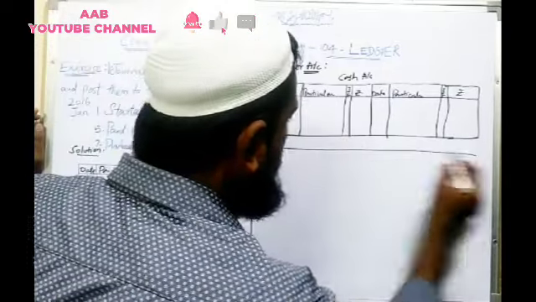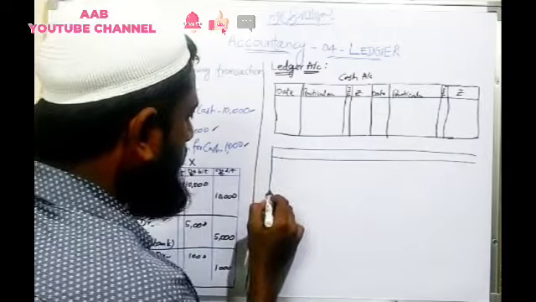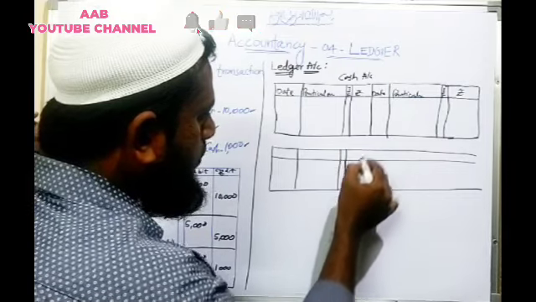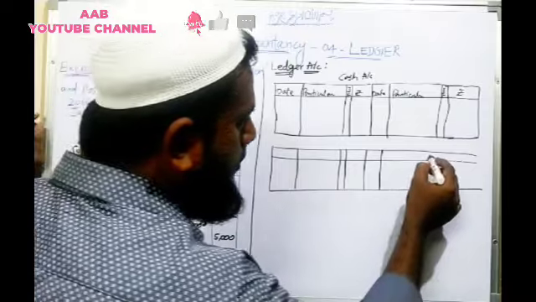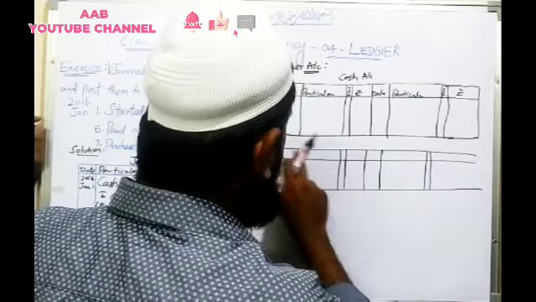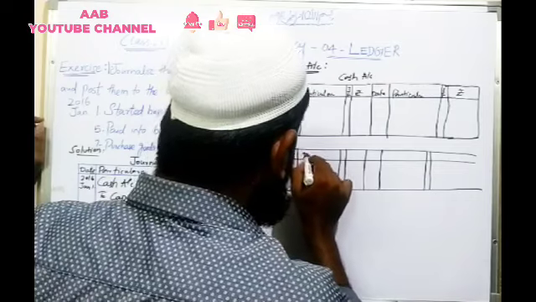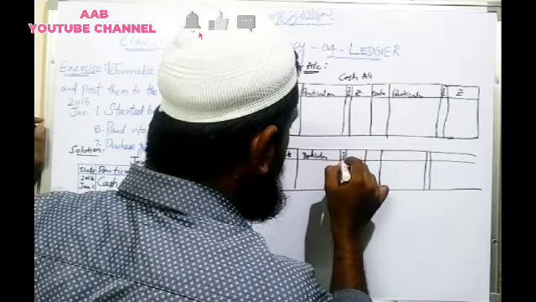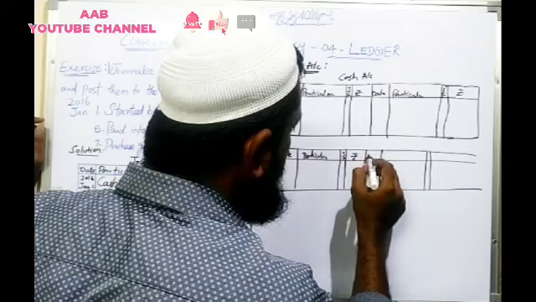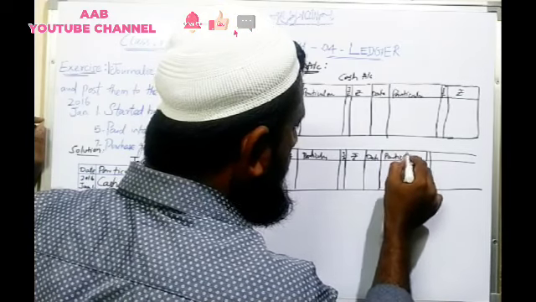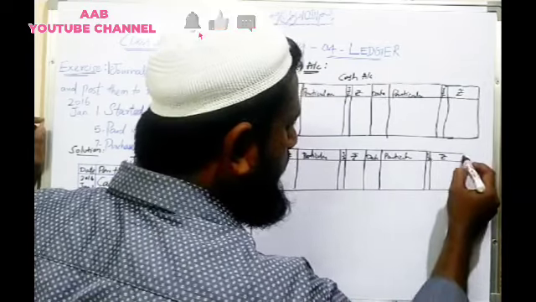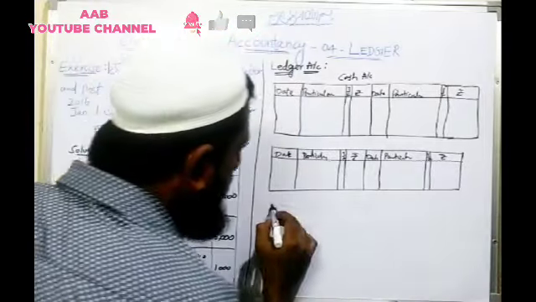And next: date column, particulars column, JF column, amount column, and again date, particulars, JF and amount. The next, third account.